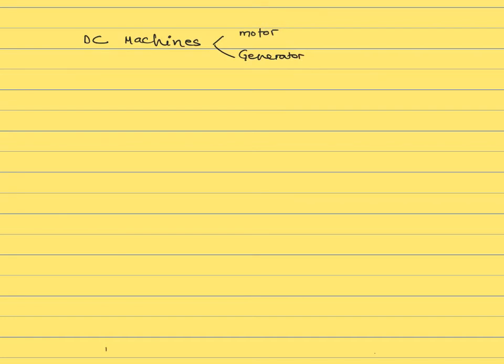When a machine works as a motor, it converts electrical energy to mechanical energy. So on its input side, it takes in electrical power, and on its output, it produces mechanical work.